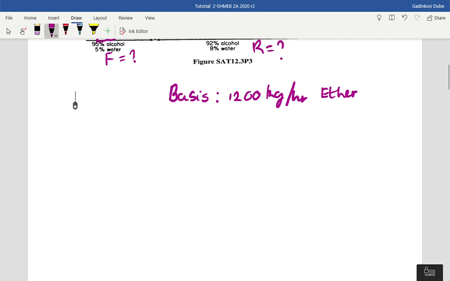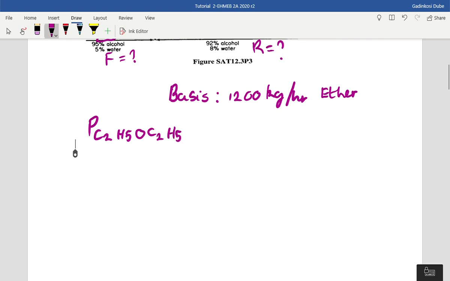Okay, so now I can see the diethyl ether produced there. The ether that is produced here is C2H5OC2H5.